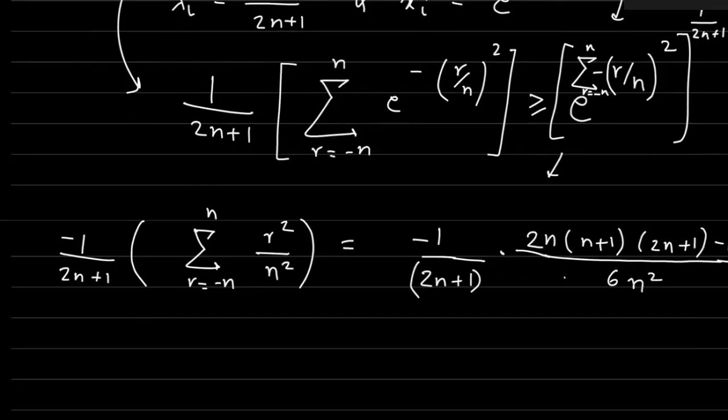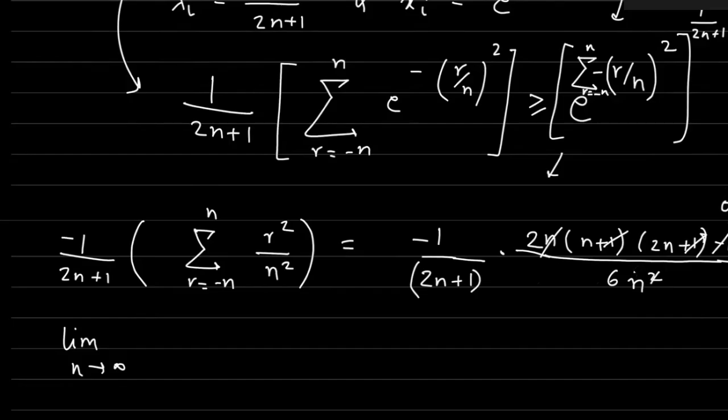Let's not forget the n square, which was already there. So now, when limit n tends to infinity, we can bring the limit inside. This 1 is very close to, it will go to 0. This will also go to 0. This will also go to 0. Now we'll cancel this n.